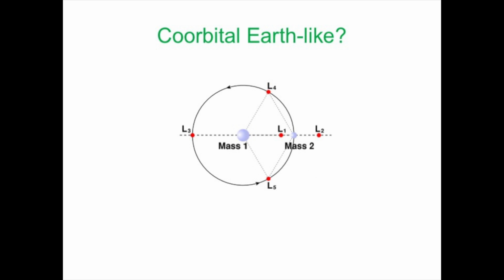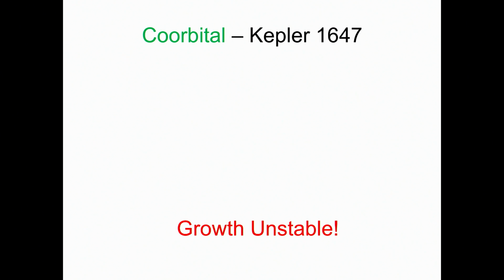And by the end of the day, these regions are stable for massless particles or small individual particles. As they start to grow, one pushes the other, and very easily they are removed from the coorbital region, and they do not manage to grow anymore. So at most we get bodies the size of the Moon in this region.